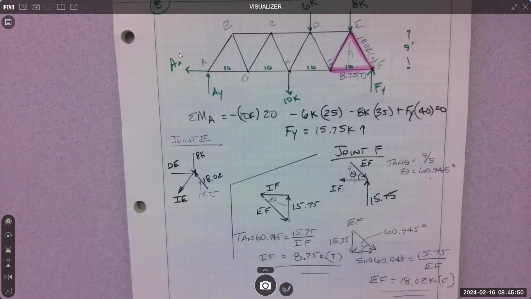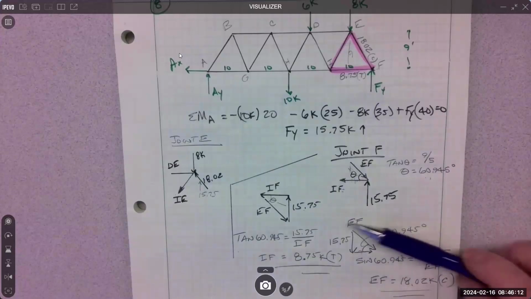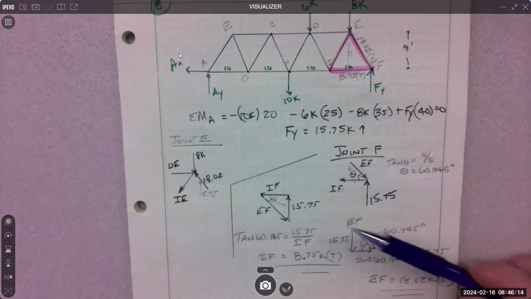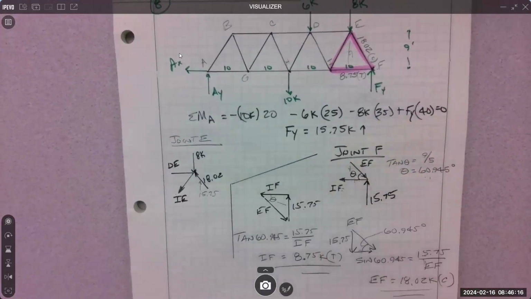I even know how big that is, right? If I just sum forces in the Y, I got 8 coming down, I got 15.75 going up. I need another so much coming down, the difference between those two. So once you know components of a force, you can use those, travel them over here to help you.